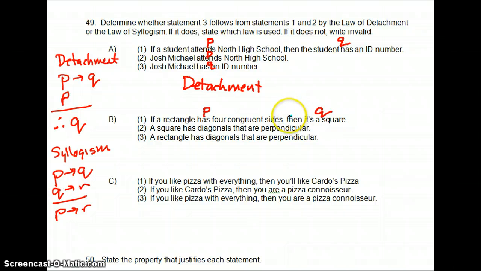If it's a square, Q, the diagonals are perpendicular, R. Then if it's a rectangle, that's a new statement, so that's S. R, P, Q, Q, R, S, R, invalid.